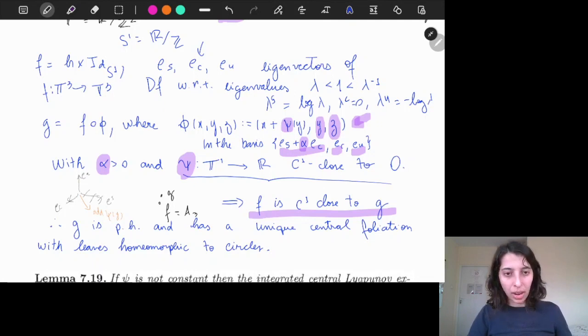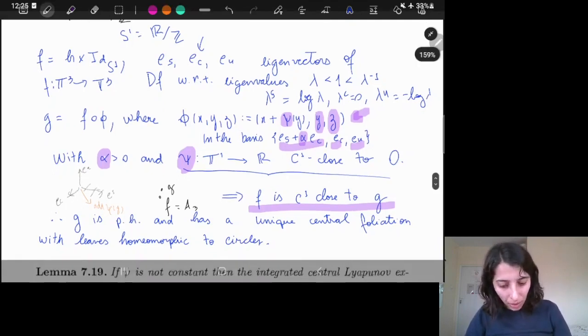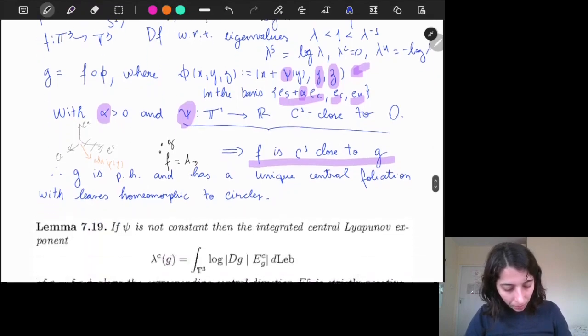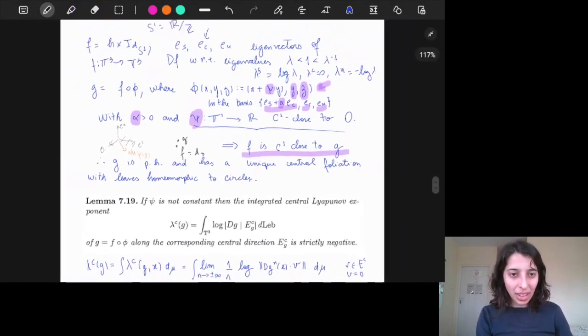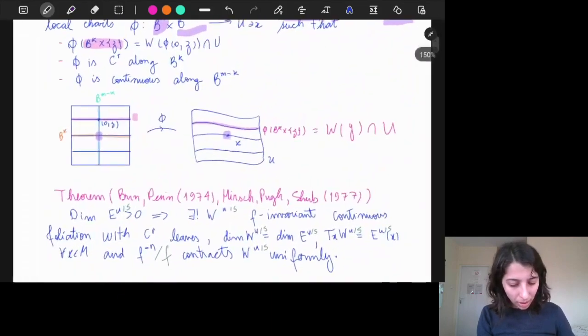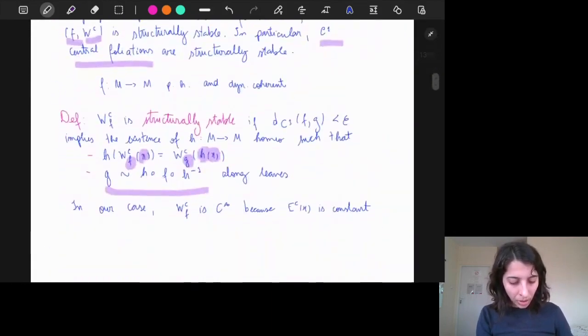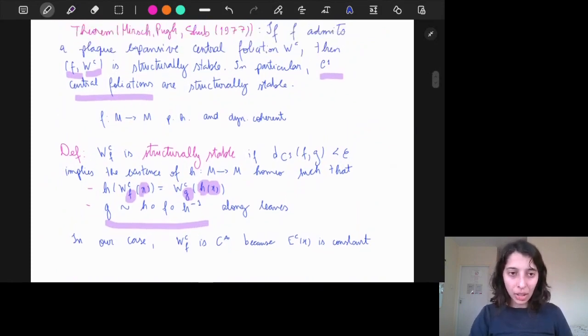And by taking psi closer to 0, we can take G closer and closer to F, as close as you want. And then by that result that I mentioned at the beginning, the structural stability of the center direction, if G is sufficiently close to F, then G has a center foliation that is topologically conjugated to the center foliation of F, and the dynamics restricted to these foliations are also conjugated.